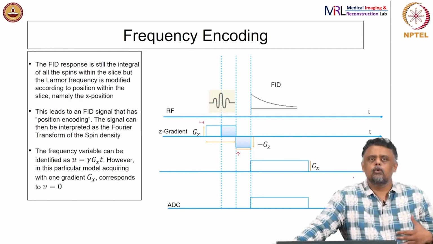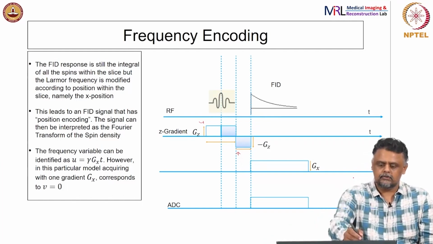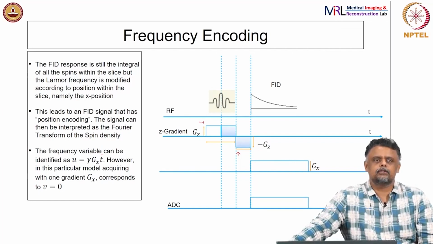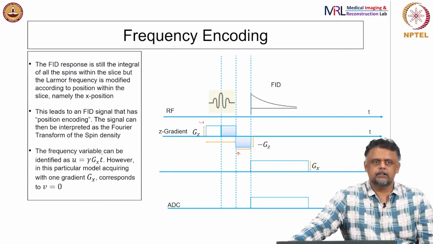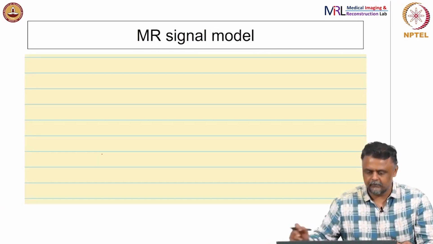So, we are stepping along u, but V is still 0, right. So, ADC of course samples these signals in time, u is given by gamma Gx into t. So, that gives you the whole range of views, of course, and of course, we have to change V in order for us to sample the entire k space. So, how do we change V, that is another question, we will answer that in the next slide.